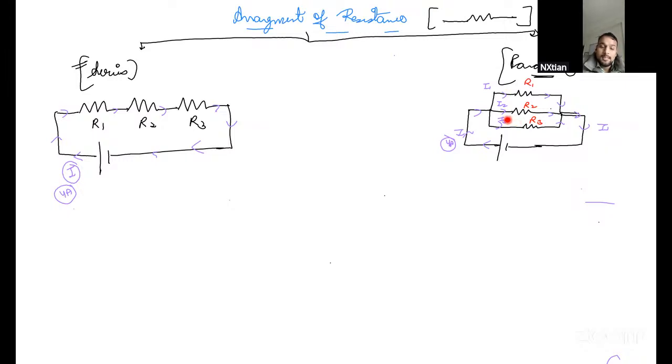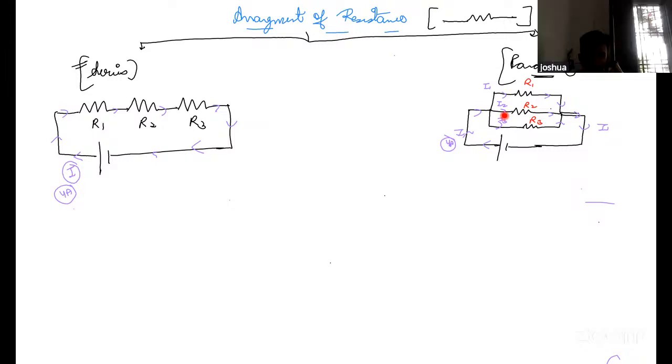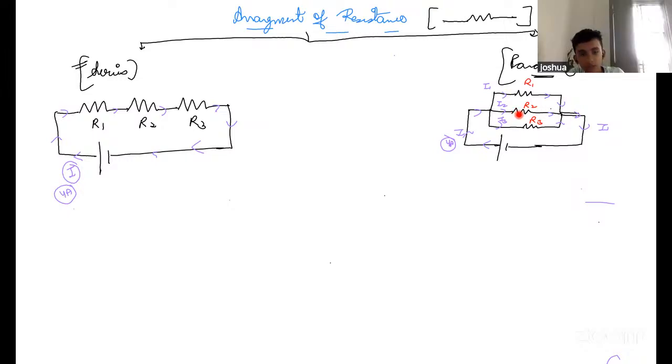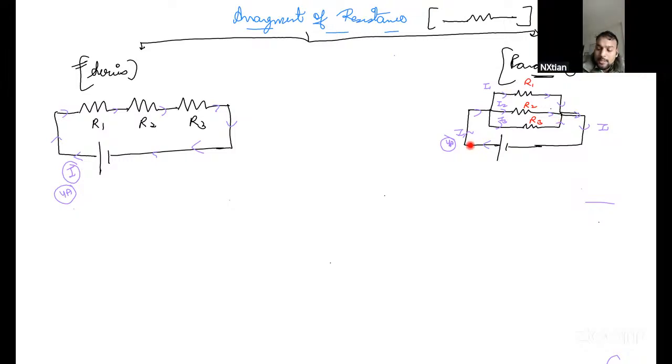Ask me if you didn't understand. Sir, the R1 and the R2 and the R3, everything will go back and it'll do the same process again and again, right? Yes. Whenever the current is released from the battery, according to the resistance, the I is divided.